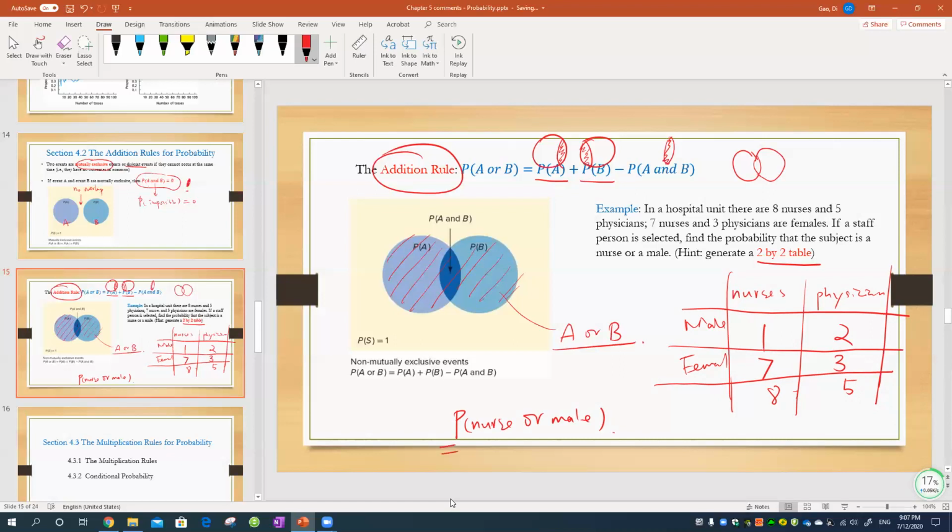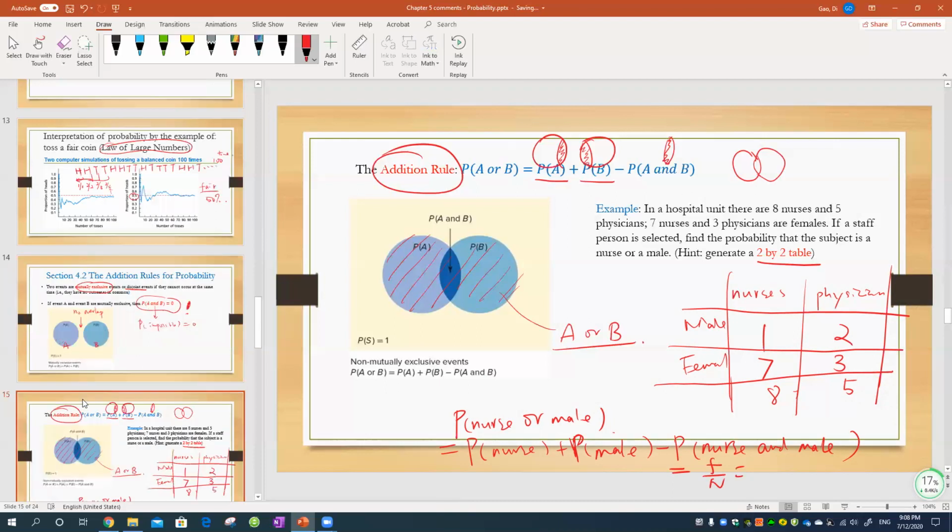We need to write down probability of A, which is nurse, plus probability of B, which is male, and minus probability of nurse and male. So probability of nurse and male equals the F over N rule.